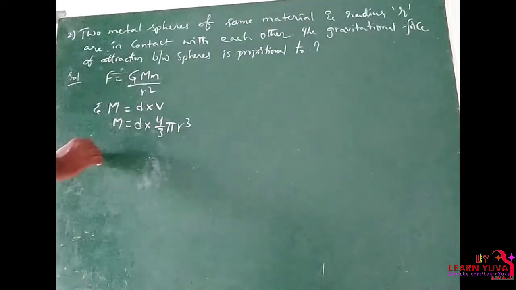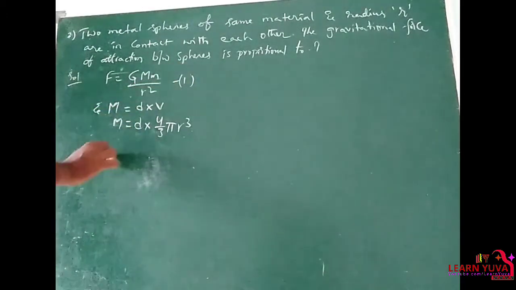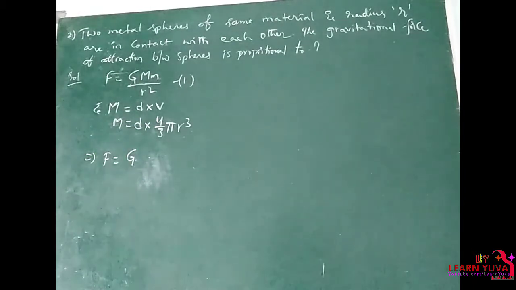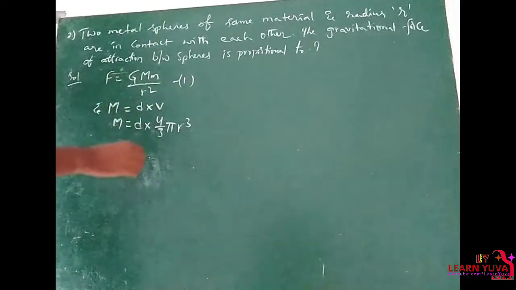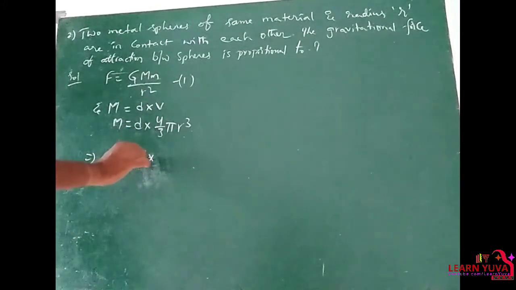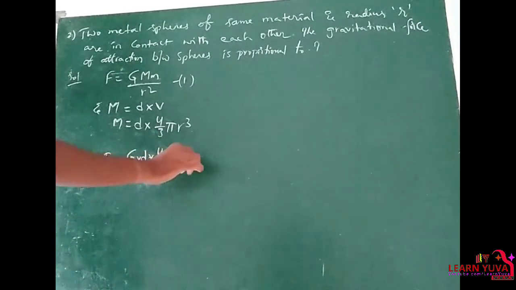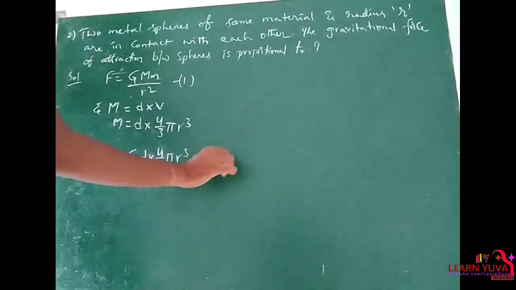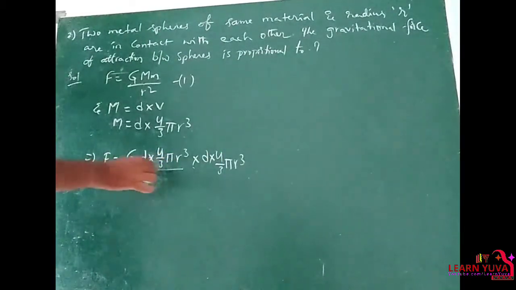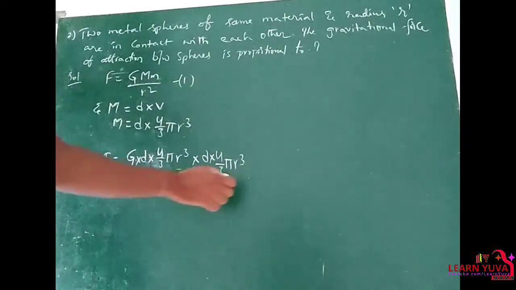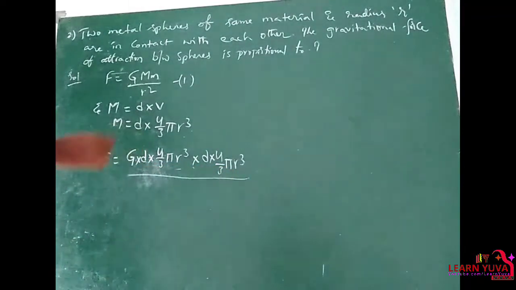Equation 1 can be written as F is equal to G into M M by r square, where instead of M we write D into 4 by 3 pi r cube, because it is one mass and it is another mass.